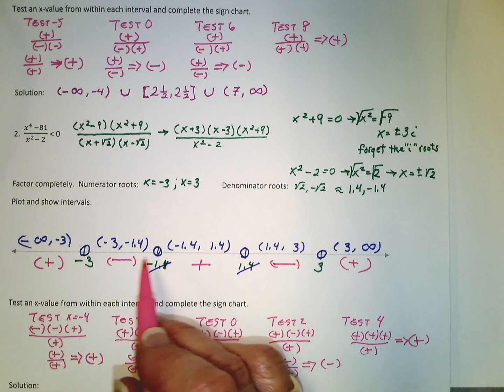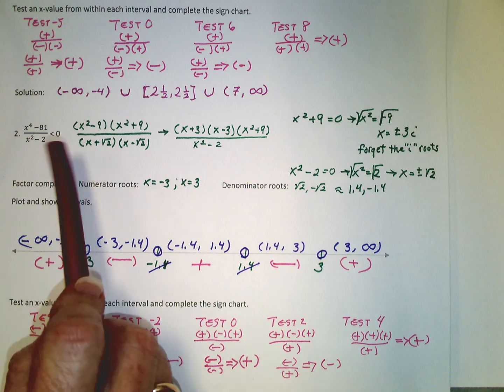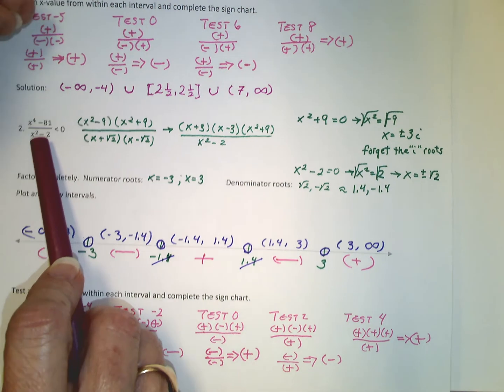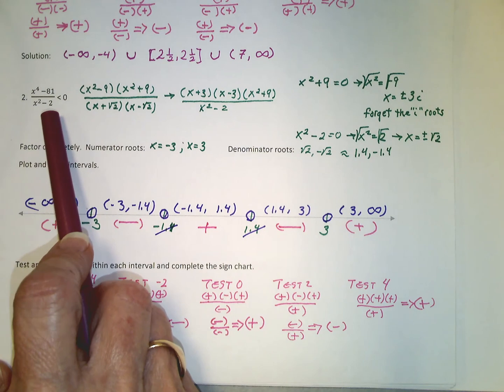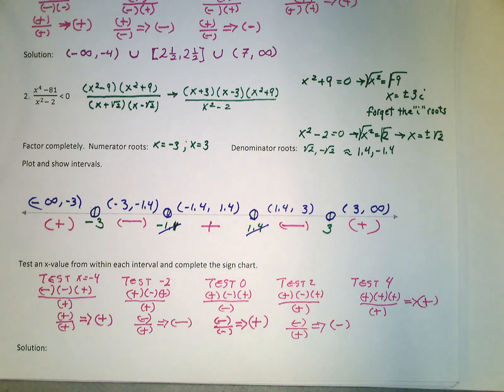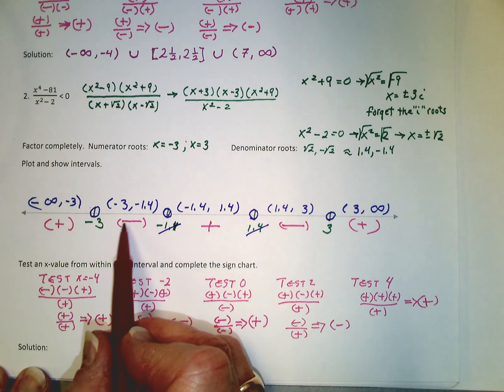Sign chart's a little longer this time, but we can use it to conclude where the fraction will be below 0, because that was our initial mission, to find out what x values make this whole fraction go below 0. Well, it's looking like right here.